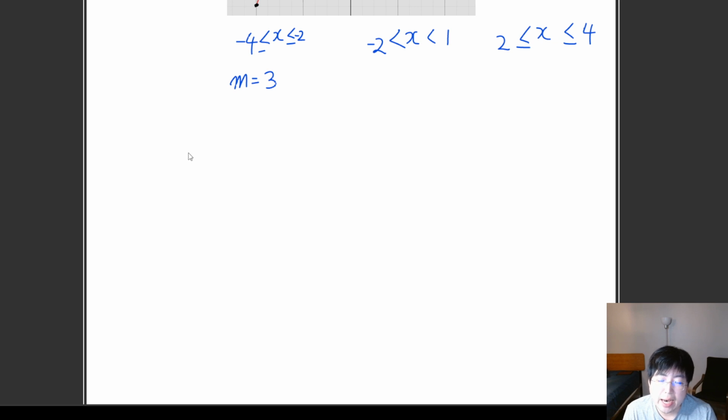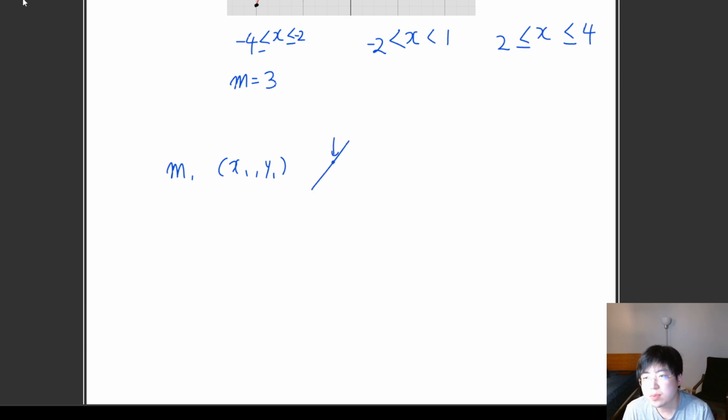Let's say I know the slope of the line, m, and also I know any point on the line, it doesn't matter which. So let's say x1 and y1 is a point on the line.